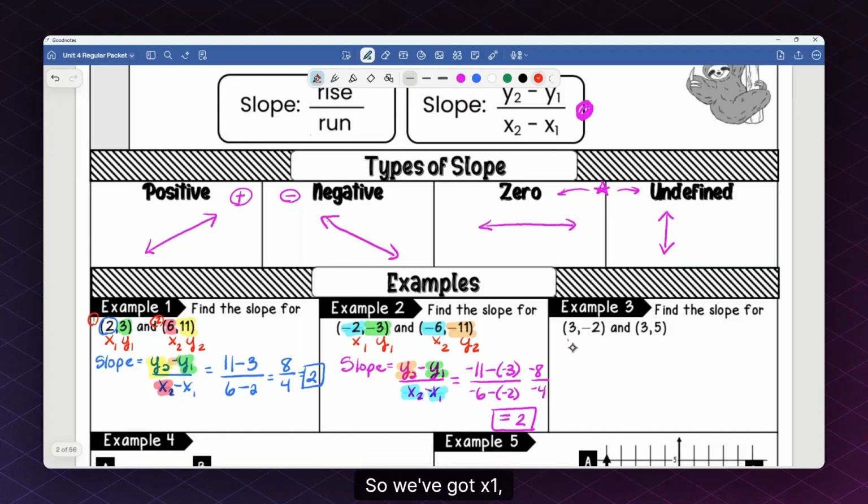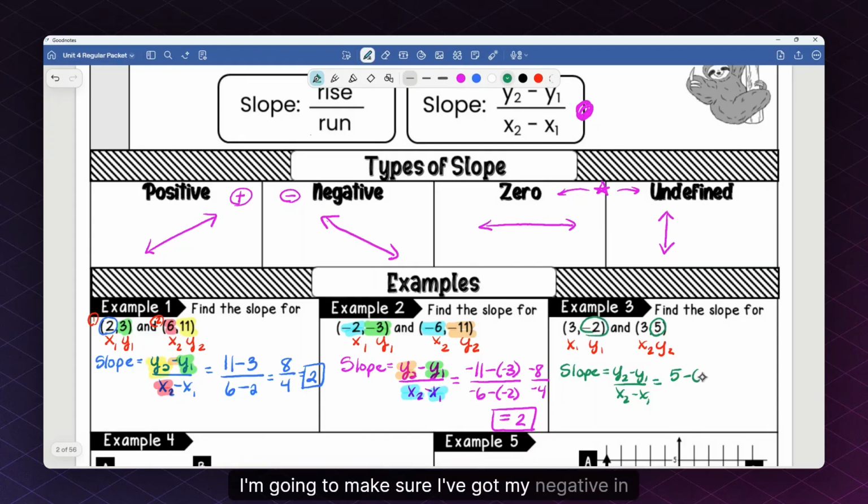So we've got x1, y1, x2, y2. I'm going to write my equation. Slope equals y2 minus y1 divided by x2 minus x1. Okay, so my y2 is this 5 minus negative 2.